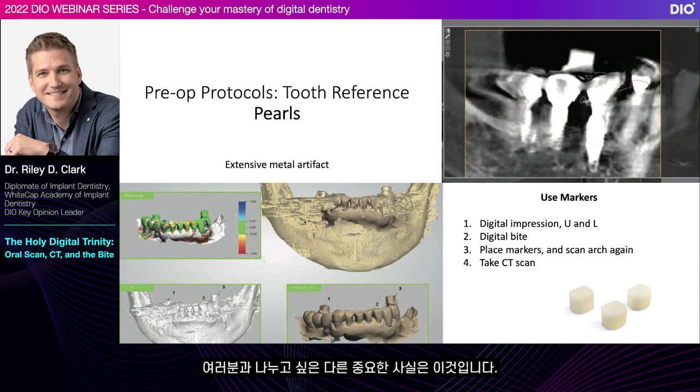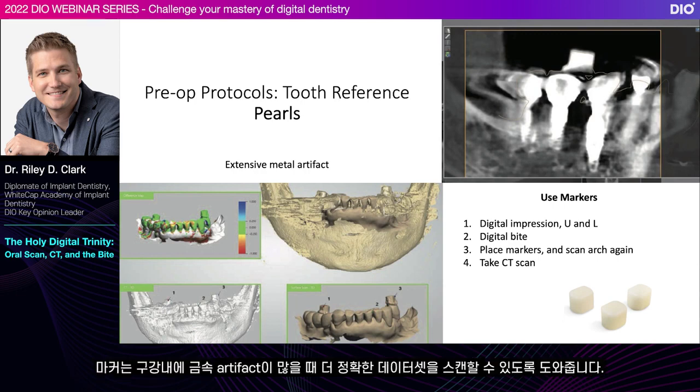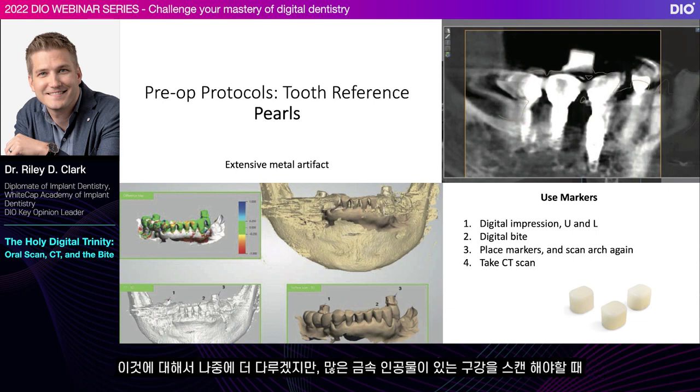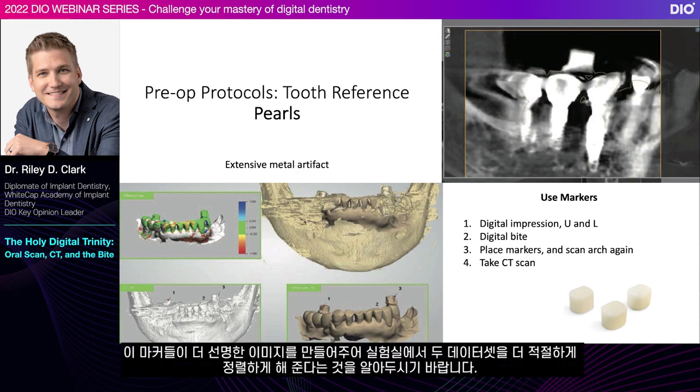Another pearl I want to share with you, sometimes these things called markers are needed. Markers are a helpful tool when scanning to help provide a more accurate data set when there's a lot of metal artifact. I'll talk about this more a little bit later, but know that when we're scanning and there's excessive metal artifact in the mouth, these markers can be used to create a more clear image so that the laboratory can properly align the two data sets.